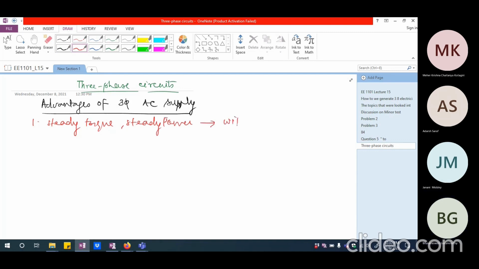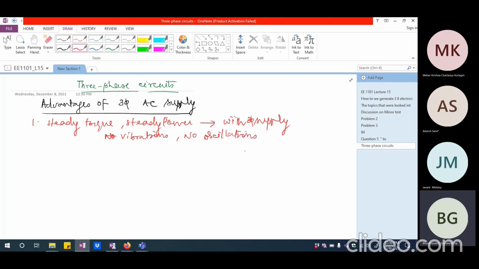This is one of the major advantages, which means we are not going to have any vibrations, not continuous oscillations in the speed. So no vibrations, no oscillations in the speed. So this is what is generally needed in many of the industries which are using electric motors.